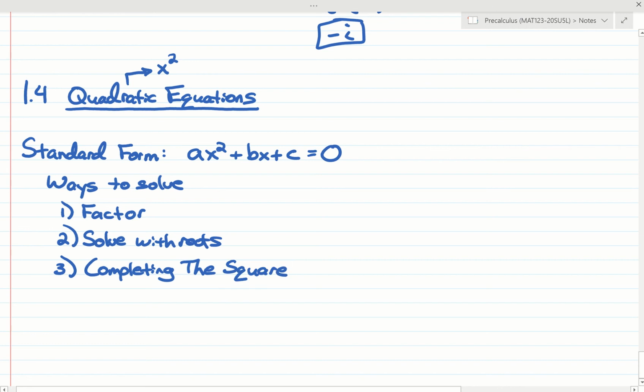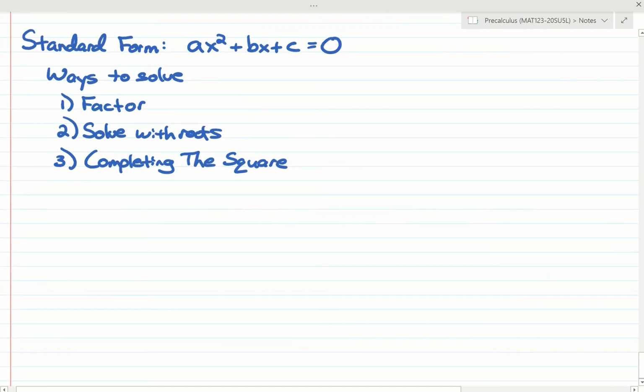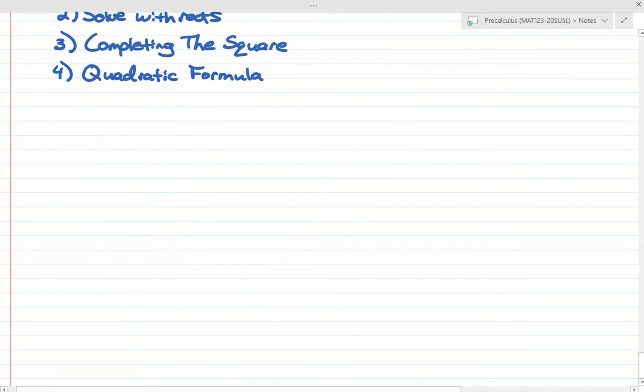When we complete the square, you'll see it's forcing something to factor that doesn't factor an easy way. So we'll talk about that in a little bit. And then the last technique is called using the quadratic formula. So let's go through these one by one.